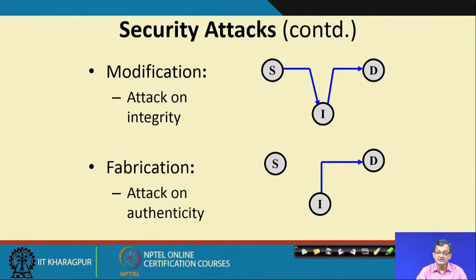And there can be fabrication, where I is sending to D pretending to be S. That means there is an attack on the authenticity of that particular origin. Somebody is pretending to be somebody else. So, these are the types of attacks which can be there.